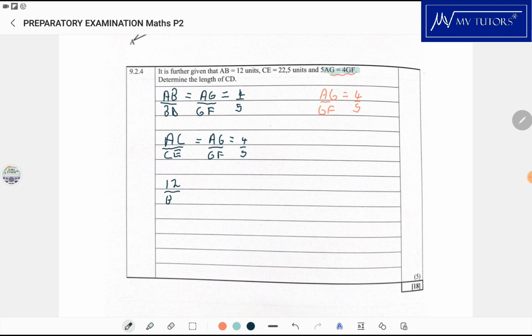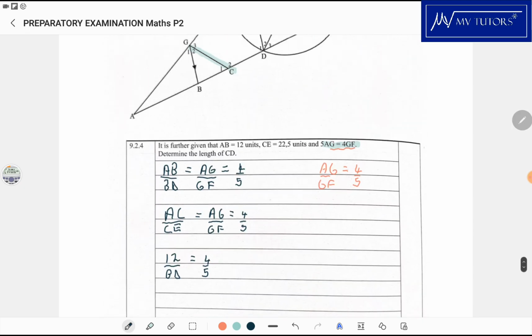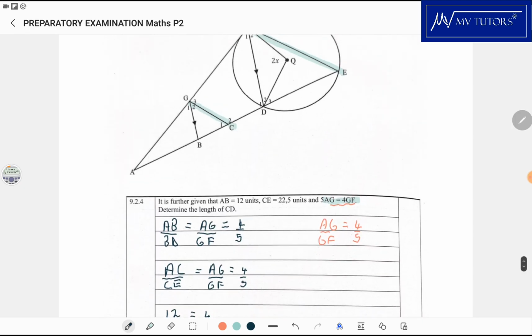I don't know what BD is. That's what I'll be solving, is equal to 4 over 5. Why am I doing this? Let me show you why.